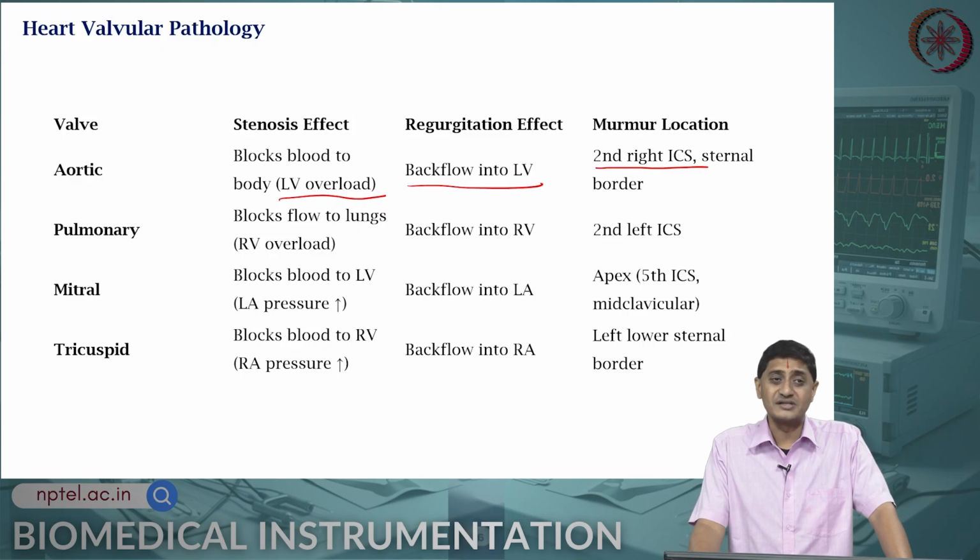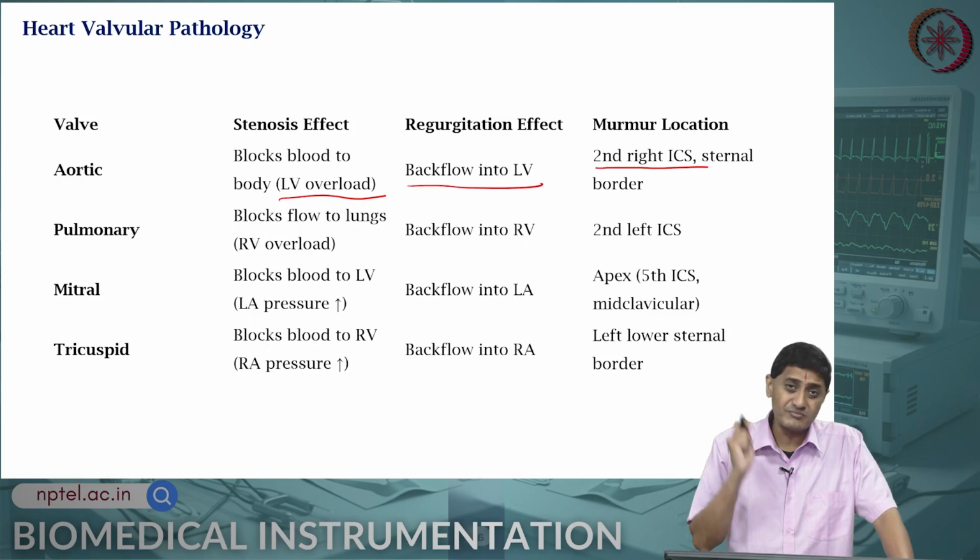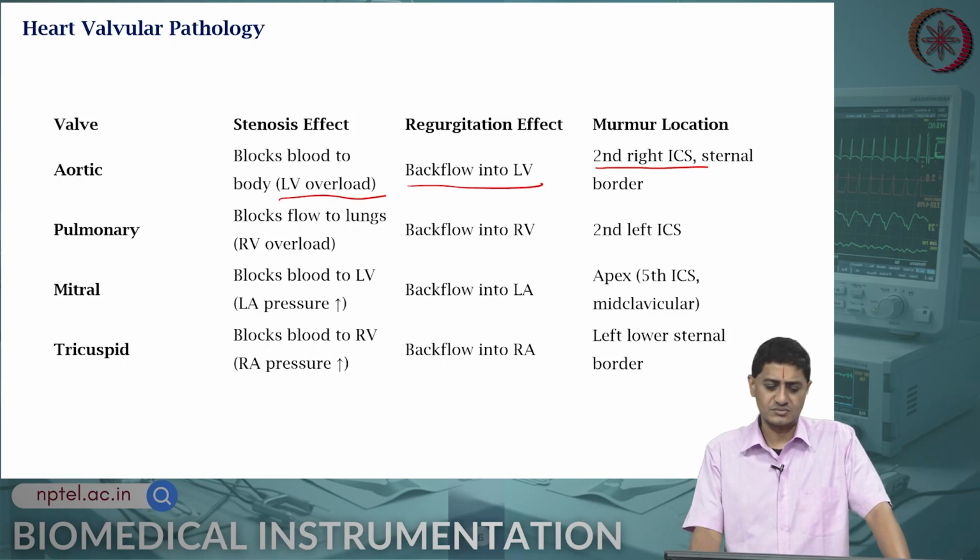When the pulmonary artery or the pulmonary valve is stenosed, then it essentially blocks flow into the lungs, leads to a situation in which the right ventricle is overloaded, because the pulmonary artery sends deoxygenated blood to the lungs for oxygenation, and when it has to send, the right ventricle will have to pump more and more to send to the lungs.